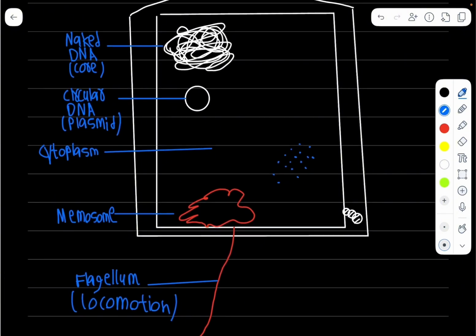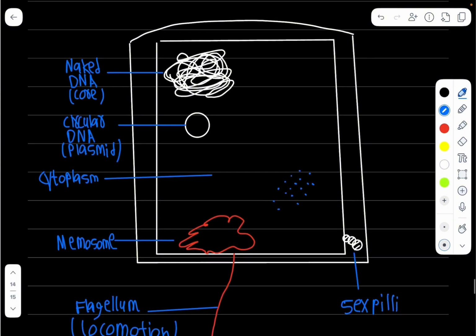It's not in your syllabus, but you can know that sex pili helps to exchange genetic information. I'm not going to write its function, but you can just remember that it helps the bacteria for exchanging genetic information.